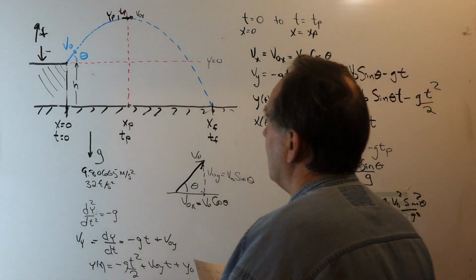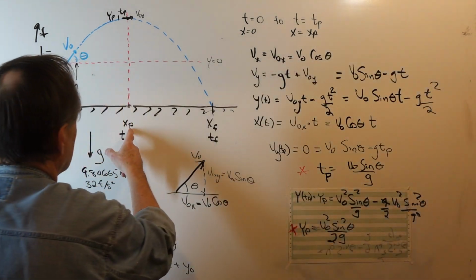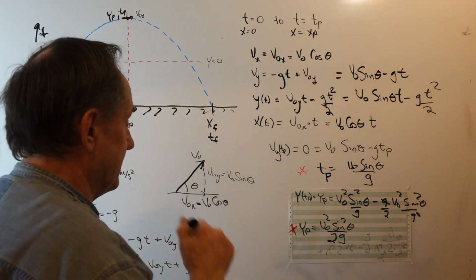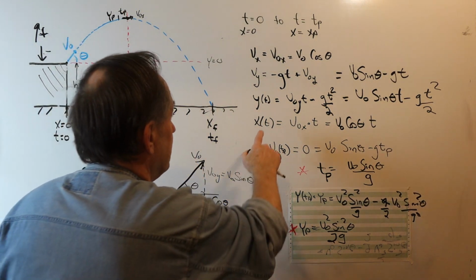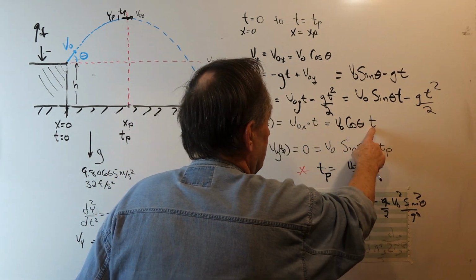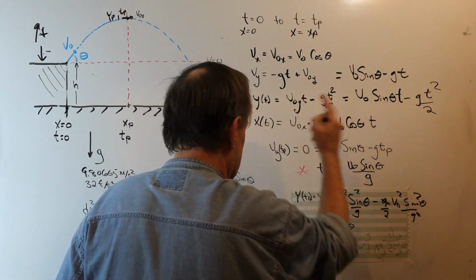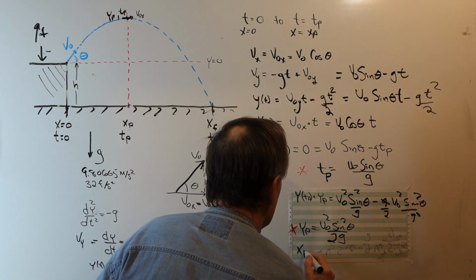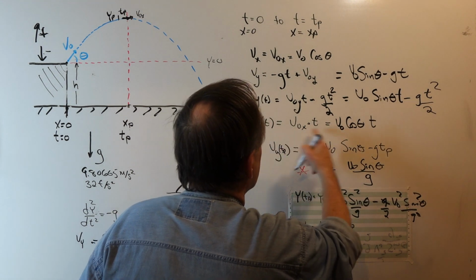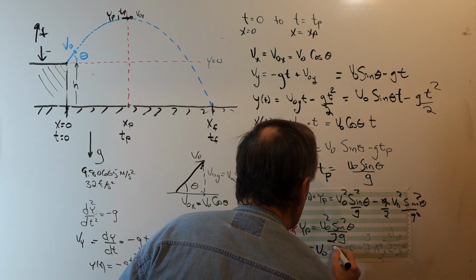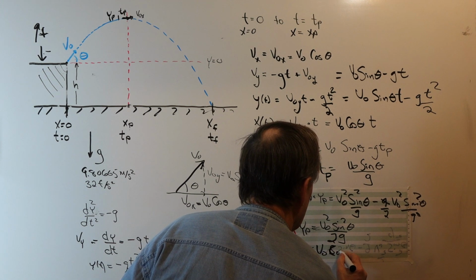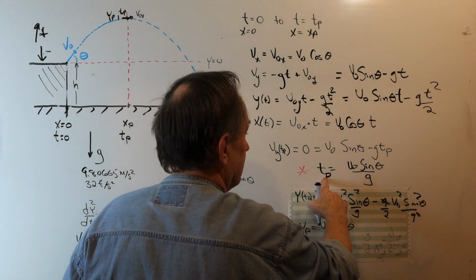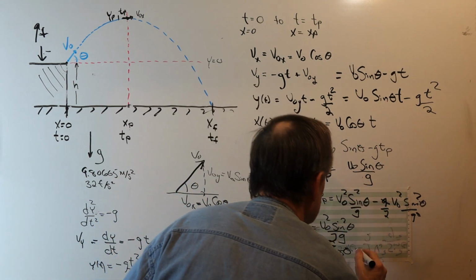Now, how far does it go when it reaches the peak? So what is our x peak? Well, the x peak will be when we put t peak into this equation. So in this case, x peak is going to be v0 times the cosine of theta times the time to reach the peak, which is v0 sine theta over g.